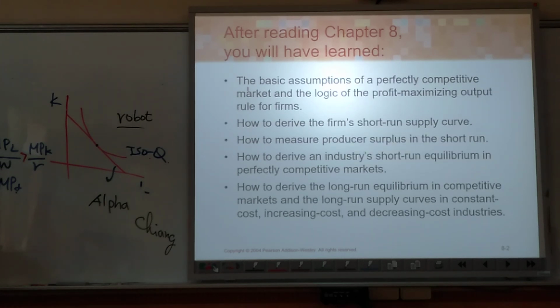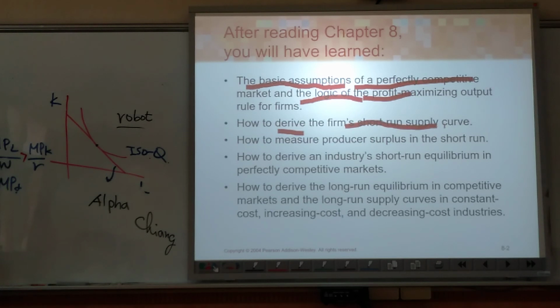Okay, so we have some basic assumptions of a perfectly competitive market, and why the logic of profit maximization output makes this kind of market so desirable to all the economists. And so, of course, you have to go step by step, derive the firm's short-run supply curve, and from there to the market interaction.